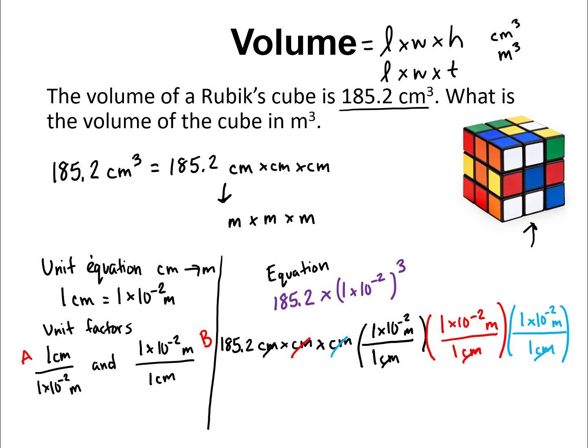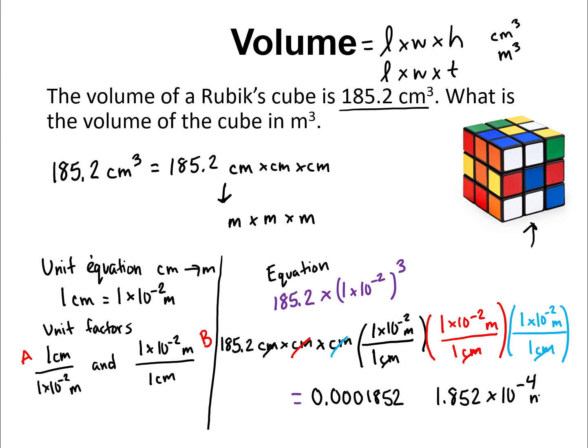Good. You should get that. So your calculator probably did something like this. And you can rewrite this in scientific notation, which would be 1.852 times 10 to the minus 4.